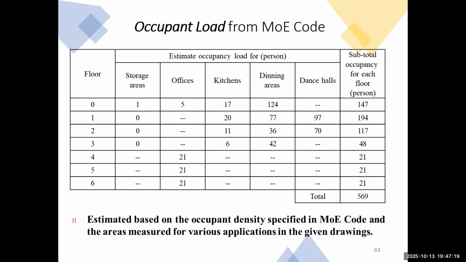So it is a very large number compared to the previous buildings. The number increased significantly to 569 people compared to the original office use, and this immediately stresses the escape routes because more people need to escape through them.